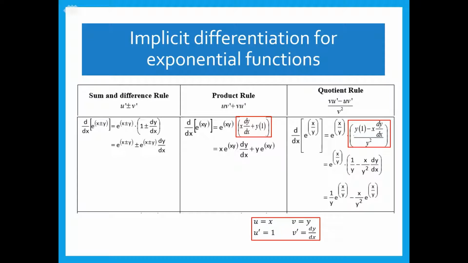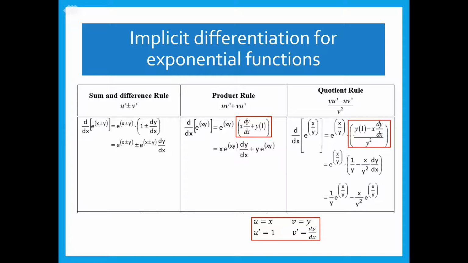These are the examples on how to do implicit differentiation for the exponential function. Differentiate e to the x plus minus y using sum and difference rule. The answer is e to the x plus minus y plus minus e to the x plus minus y dy over dx. Differentiate e to the xy using product rule.